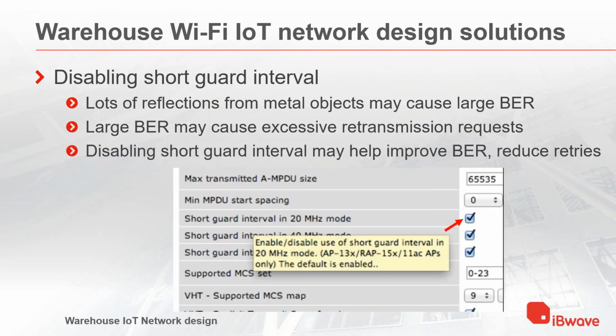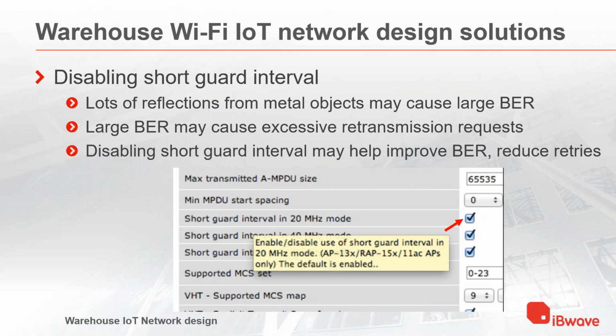So the next thing: we talked about excessive reflections. How do we deal with that? We do that by disabling short guard interval. Lots of reflections from metal objects may cause large BER, and large BER may cause excessive retransmission requests, which slows down everybody in the network, not just that one area that may be excessively affected by reflections.